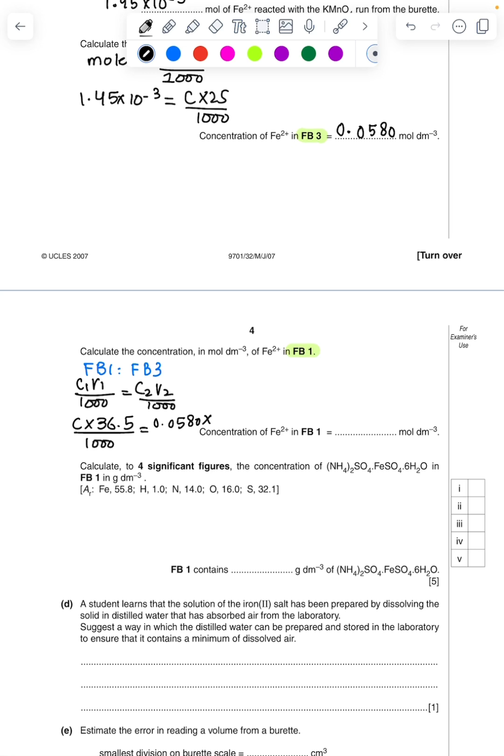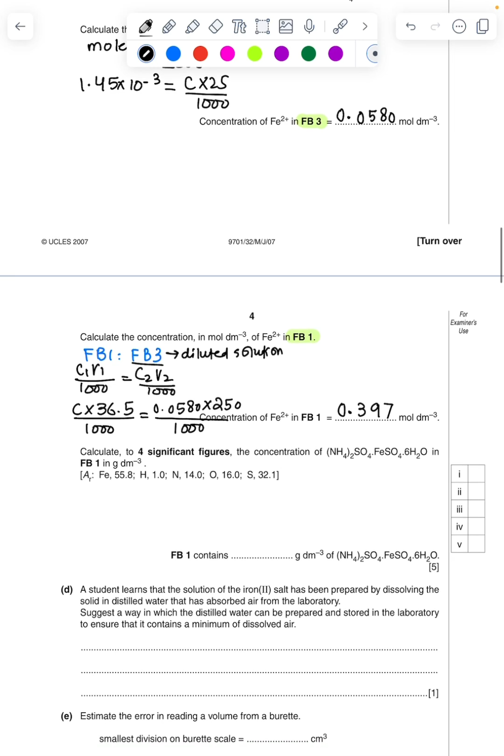Volume is going to be the total volume this time, because this is exactly the diluted solution, and therefore I need to take the complete volume here. So I took 250 cm cube, right? So the overall concentration that comes out to be from all this process is 0.397 mole per dm cube.